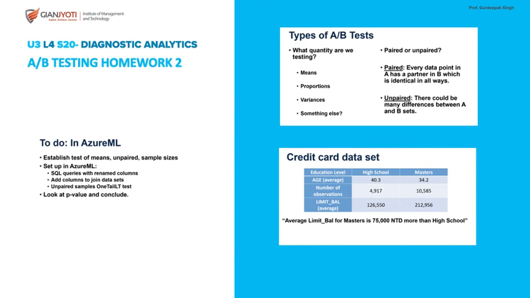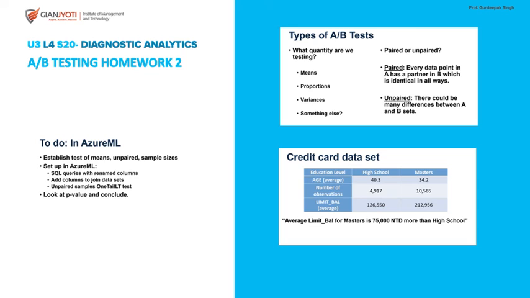So I have built the hypothesis for you for A/B testing. You have the same table here. What we are trying to claim here is that the average limit balance for masters is $75,000 more than high school. So there is the limit balance. If you see the difference, this is 126, this is 212.